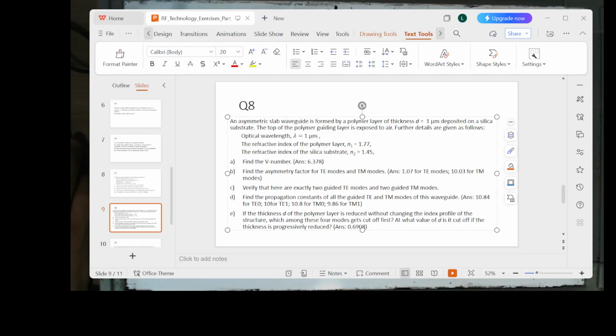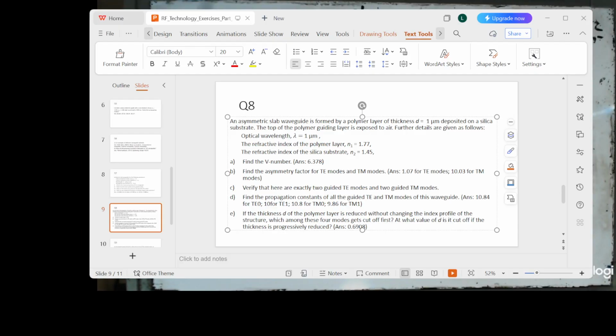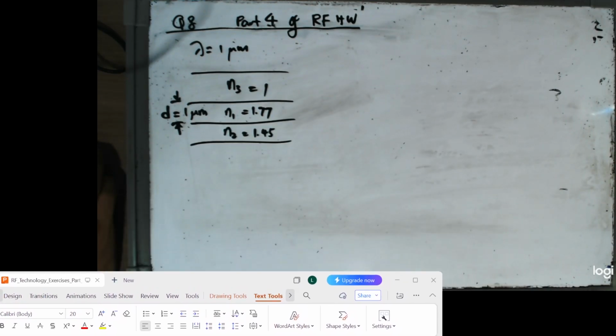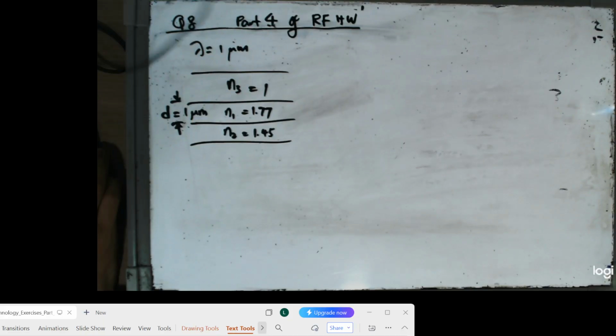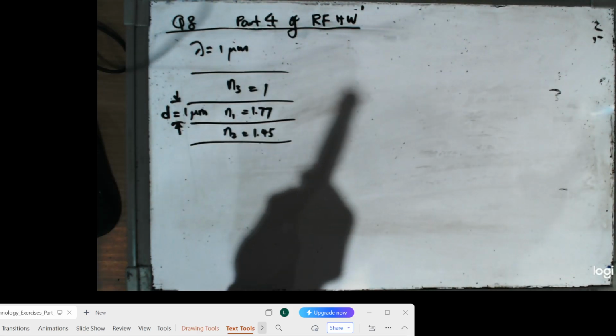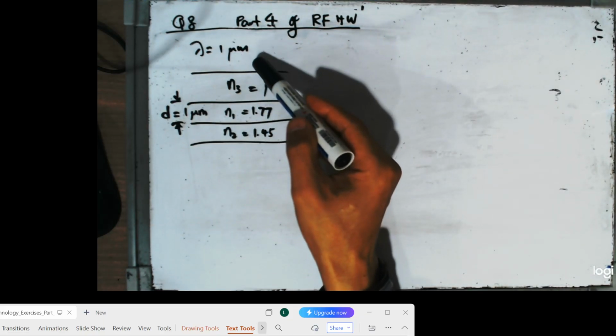So I'm going to switch you back to the whiteboard, and I don't need the window. So you are now looking at my whiteboard. The detail of the specification of the waveguide is given here.